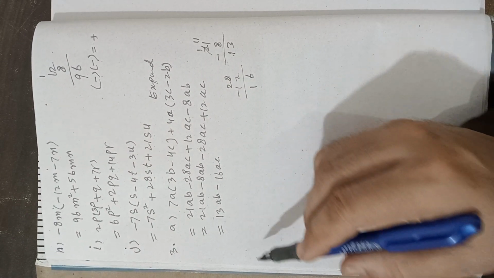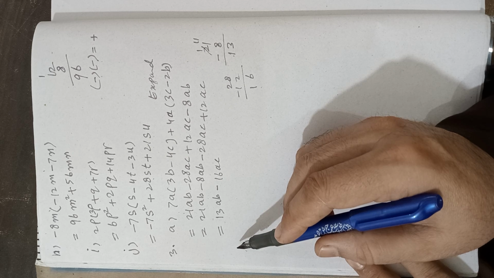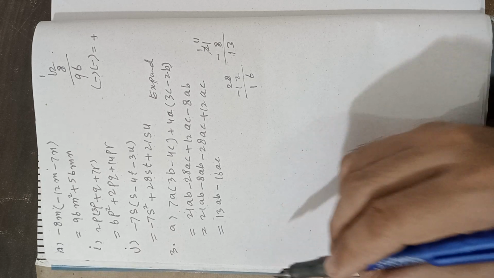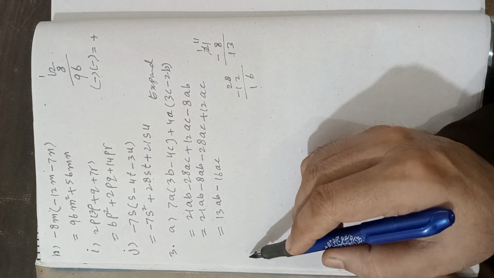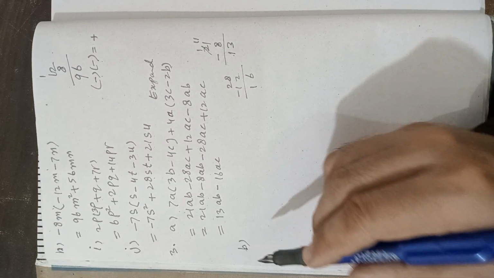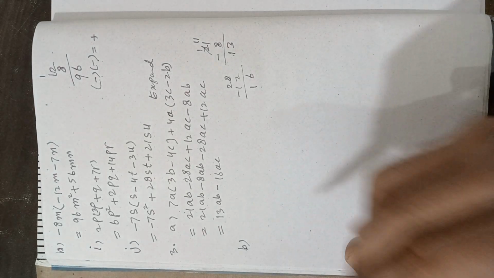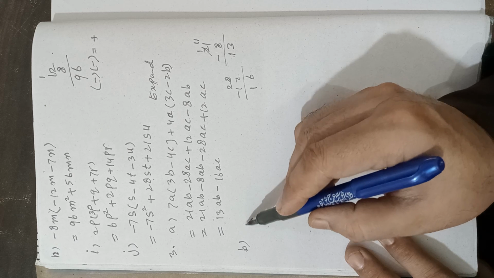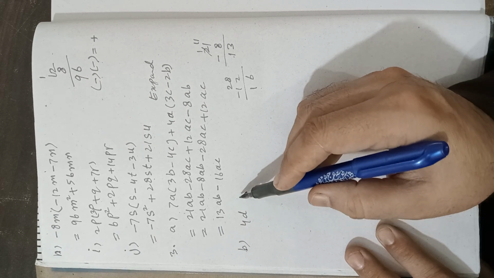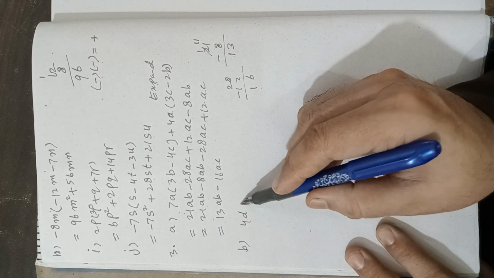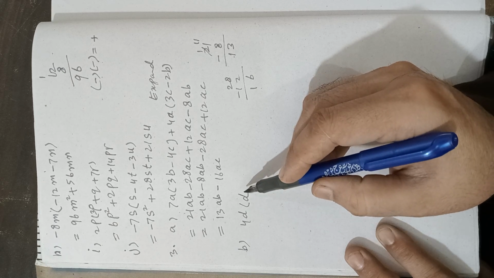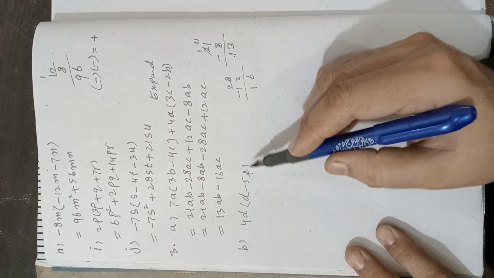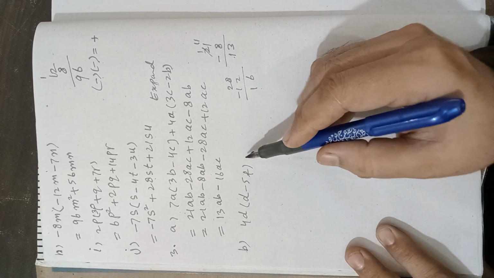Avoid using a calculator wherever it is possible, because if you want to improve your mathematics, you should perform your calculation by hand, because whenever you are applying for any job or any other interview, you are not allowed to use your mobile phone or your calculator. So you should know the basics of your mathematics at your fingertips.